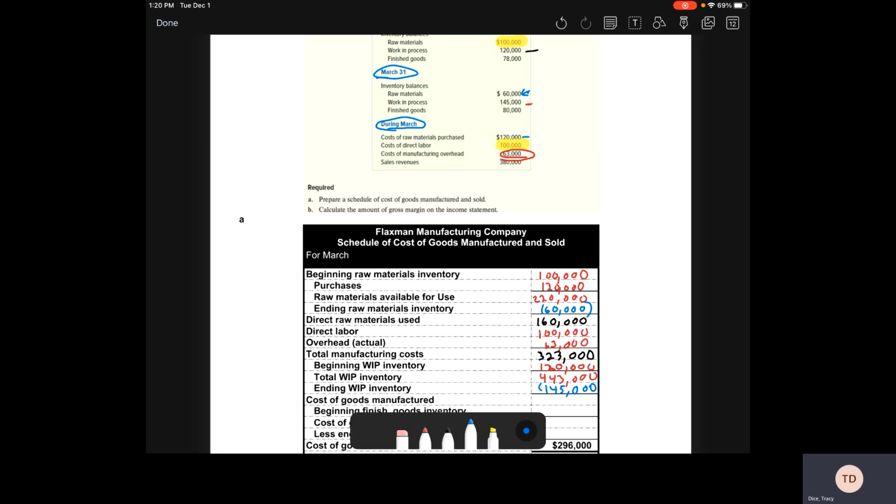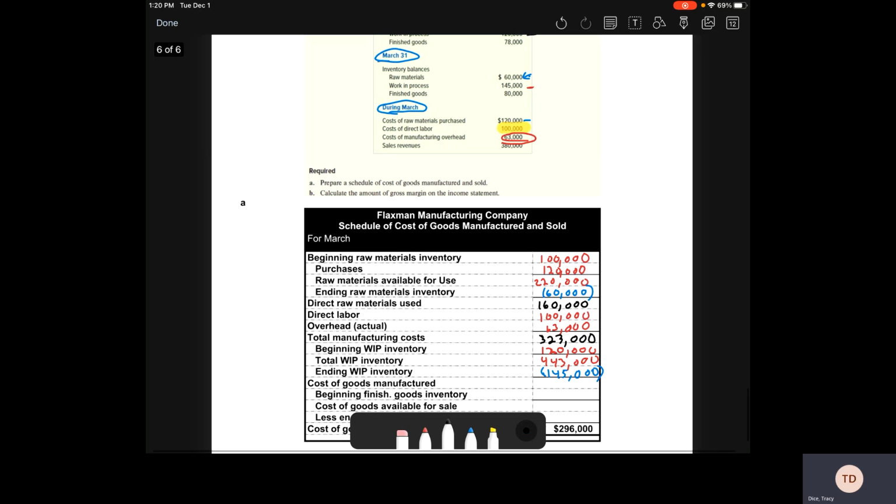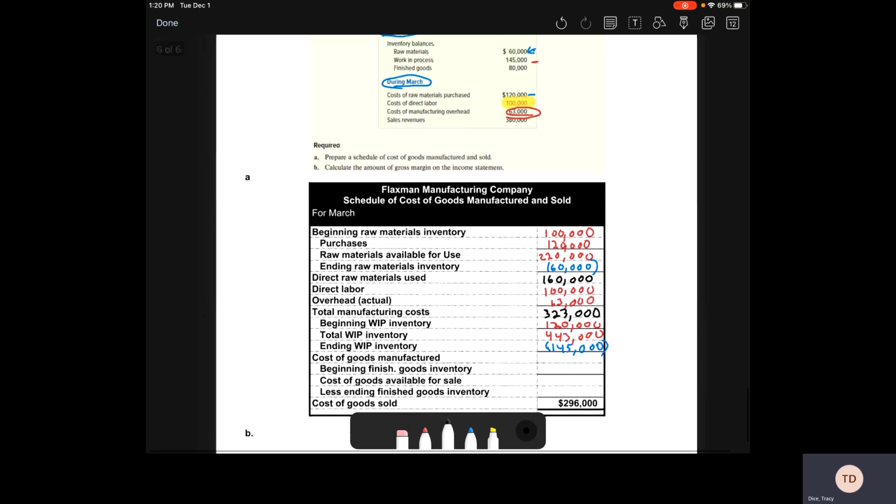If we had 120 in work in process at the beginning of the month and 145 at the end, when we subtract, we find that we actually manufactured $298,000 worth of product. So we took all of the raw materials, used our direct labor and our overhead, and then what was left in work in process gives us what we actually manufactured.